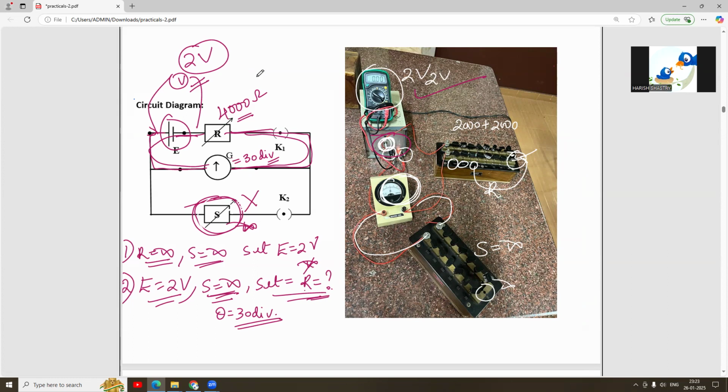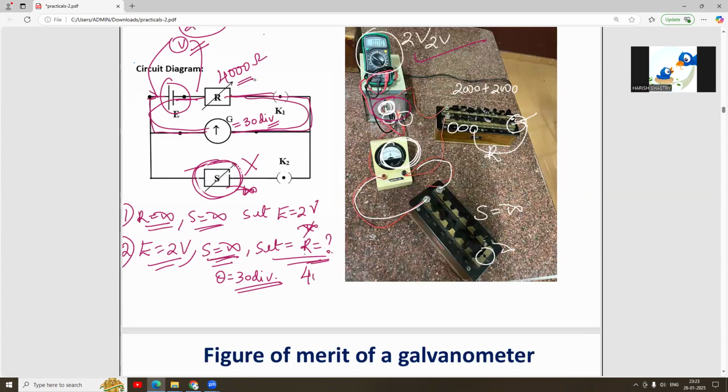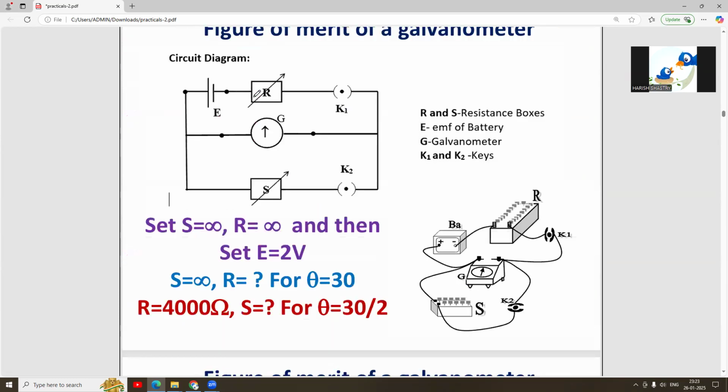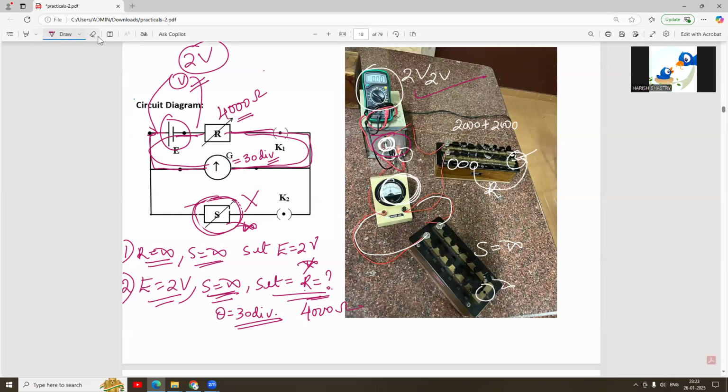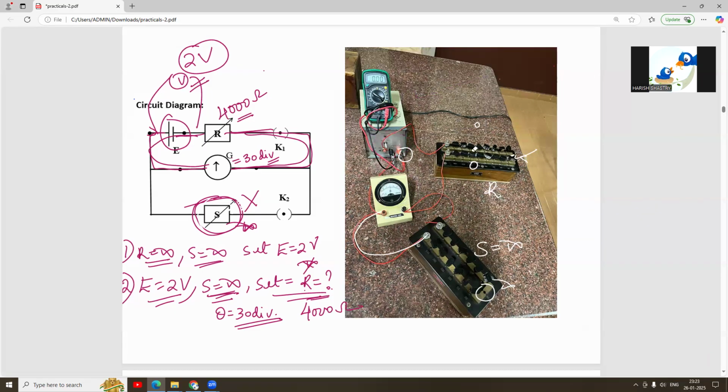So now we have, say, 4,000 ohm. I will rub the unwanted things and write again what I have done here.